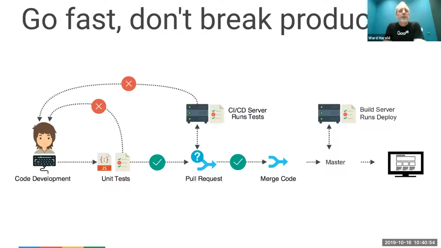So basically, your tests are guiding your development. They're also governing your deployment in your CI/CD. So it's basically telling you, okay, you can commit this software and move on.